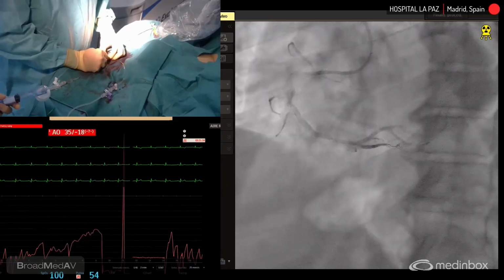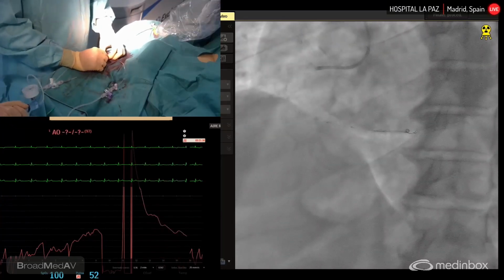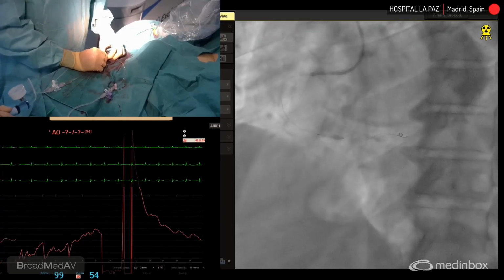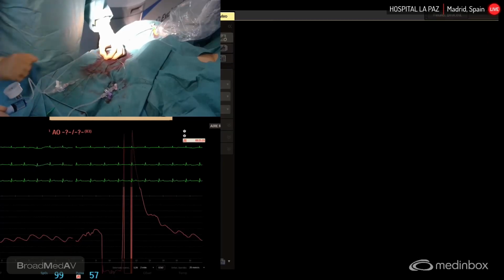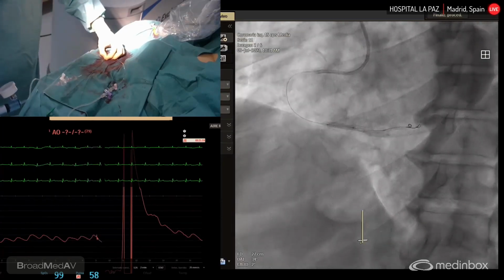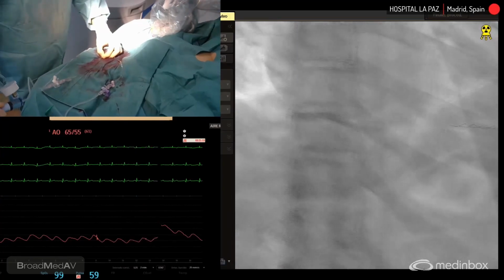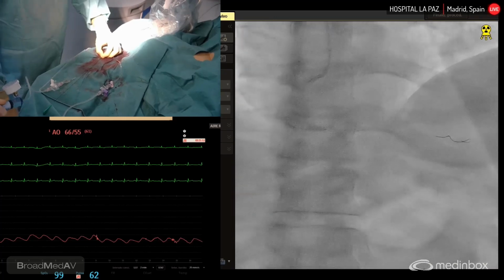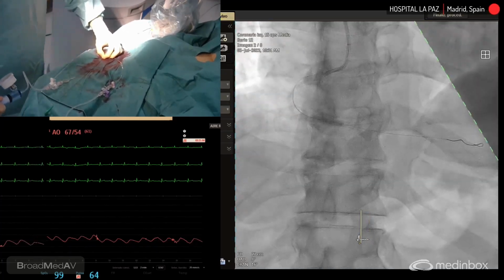So the ST elevation is now completely normal, and the patient has no more chest pain. So inflate 16. This was temporary. Aguanta un poquito que voy a mirarlo en otra proyección. You can see the balloon expansion in two projections.